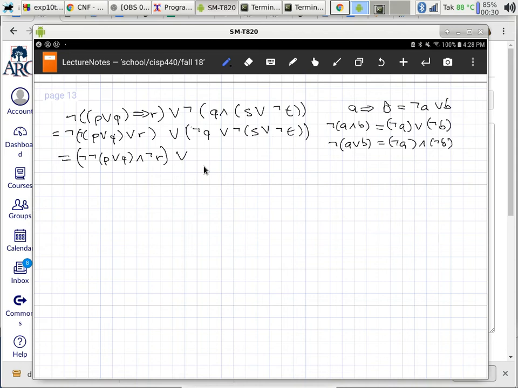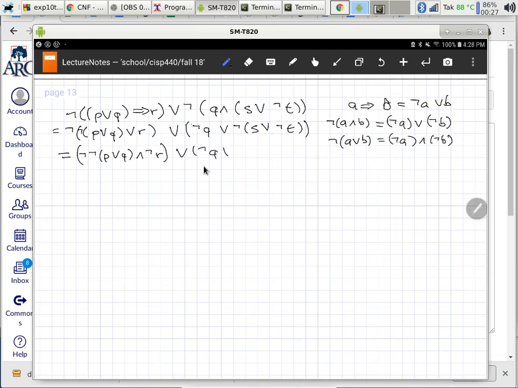You don't have a choice. When you see a negation on the outside and an operator on the inside, you have to use De Morgan's law to move the negation to the inside. So not Q, and then we keep this OR, and then we apply De Morgan's law here. So this becomes not S and not T. So we are still using De Morgan's law on the right-hand side.